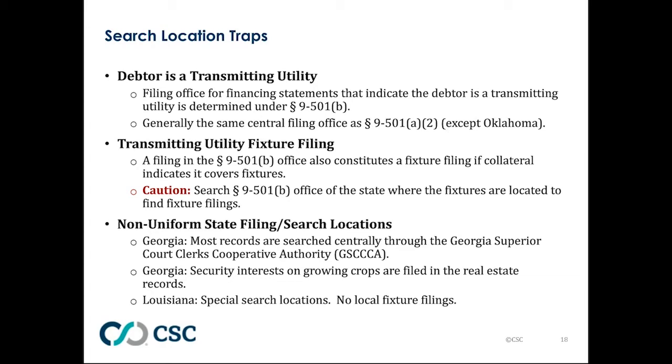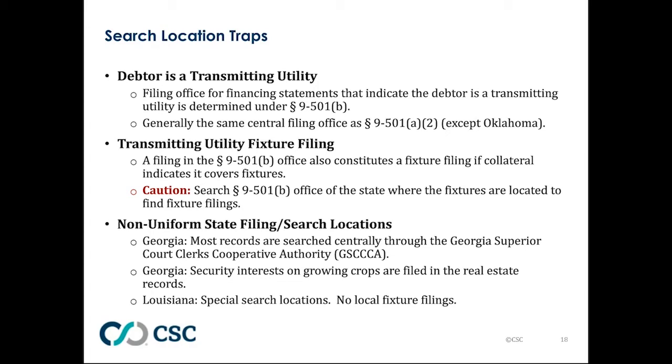Louisiana has some special non-uniform filing location rules. For example, fixture filings in Louisiana are not filed in the real estate records. They are filed in the normal central UCC index. They're filed at the parish level, but they all go into the central index and are centrally searched. There's no real estate fixture filings.